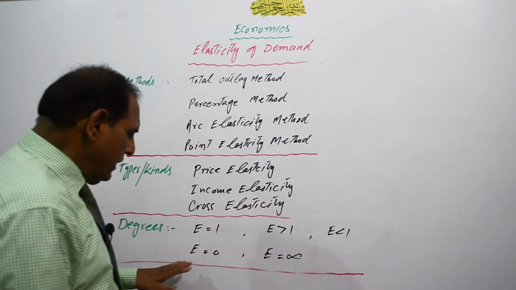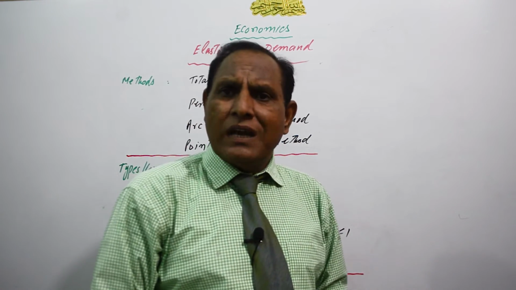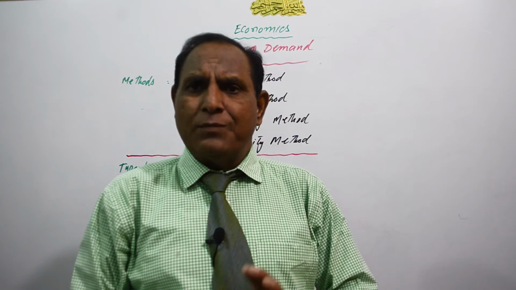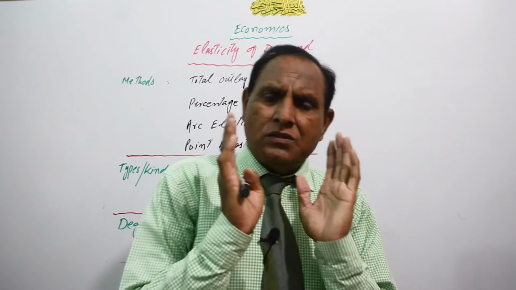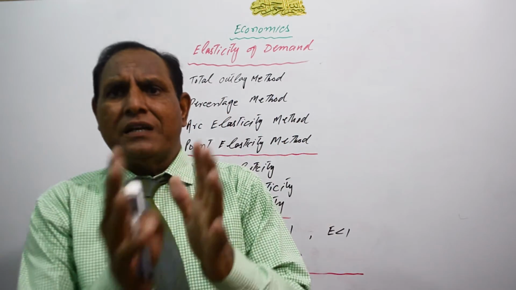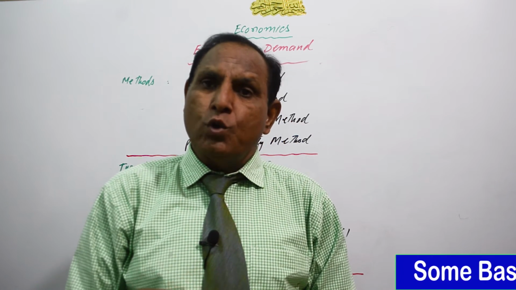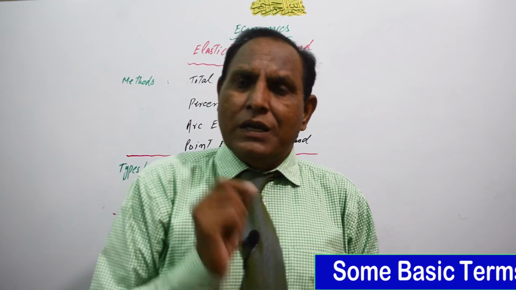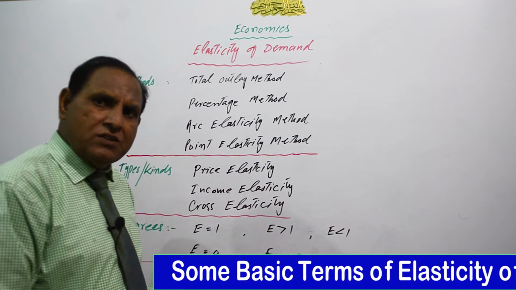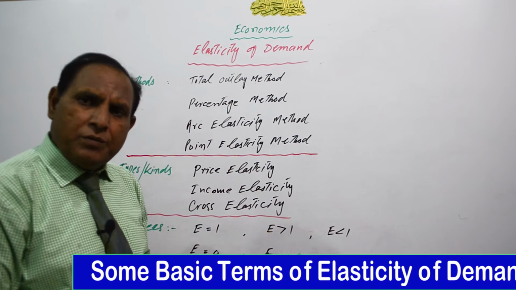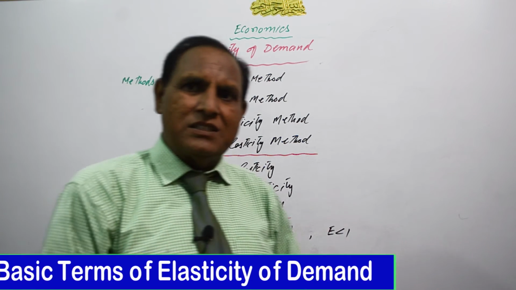And number four, some goods are absolutely inelastic. For the goods which are absolutely inelastic, we may say there is no elasticity, and the elasticity here will be equal to 0. And some goods have limitless elasticity.